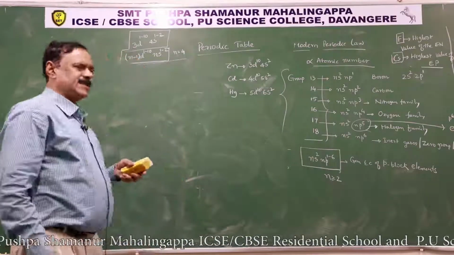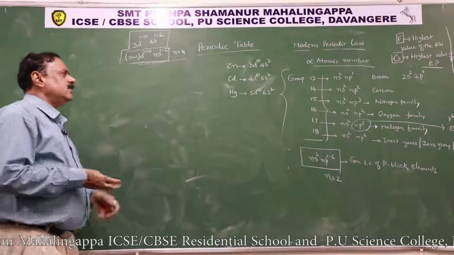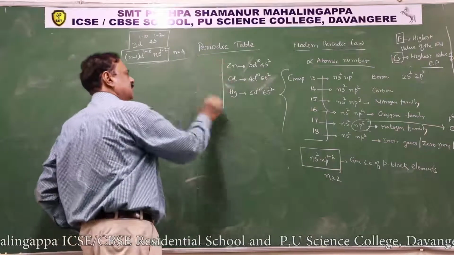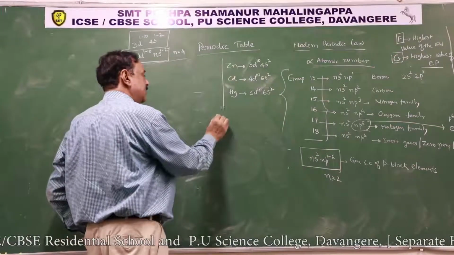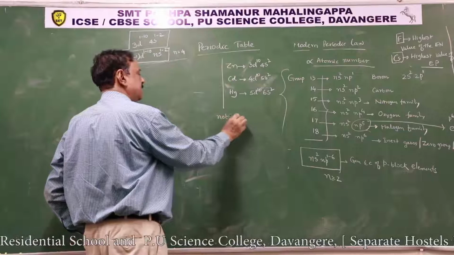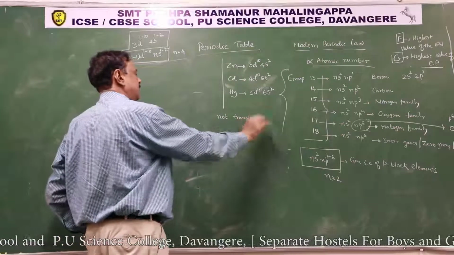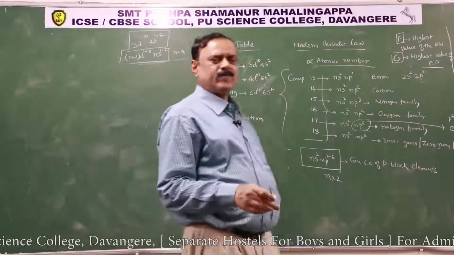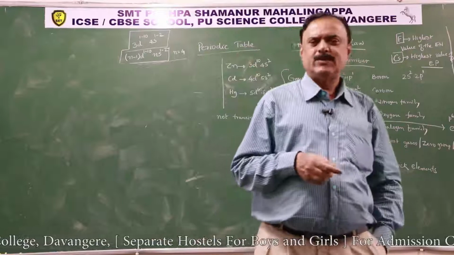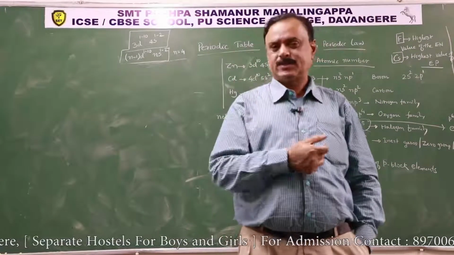Now these elements fall in the D block but are not transition elements. In an entrance exam they ask the question: which one of the following elements belongs to the D block but is not transition?